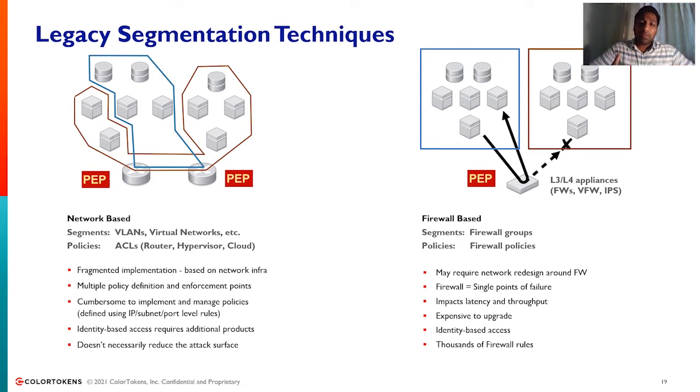When you consider firewall-based segmentation, it is also a very cumbersome process where you need to identify different zones and configure different firewall policies. These firewalls will sometimes be a single point of failure, and they will impact latency and throughput, and it is also very expensive to upgrade.